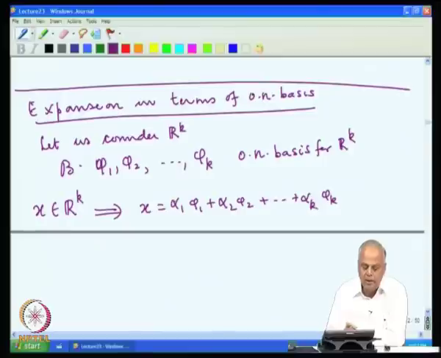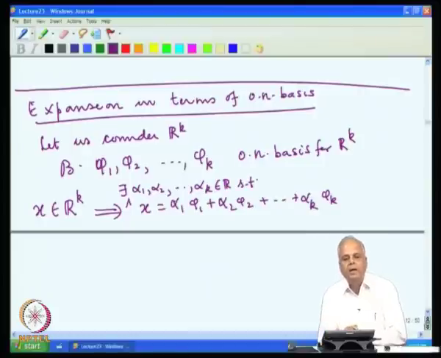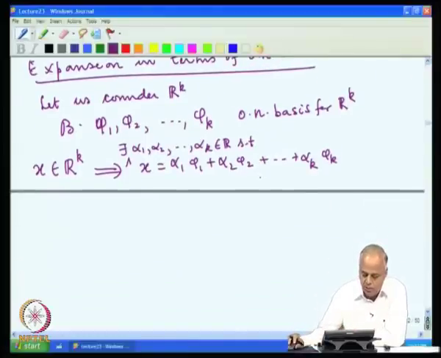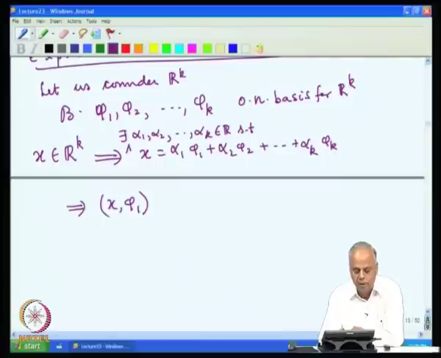So, given a vector x in R^k, all we can say is there exist real numbers alpha 1, alpha 2, up to alpha k, such that x can be written as a linear combination of phi 1, phi 2, phi k with these alphas as the coefficients. Now, suppose I take the inner product, the dot product with phi 1.